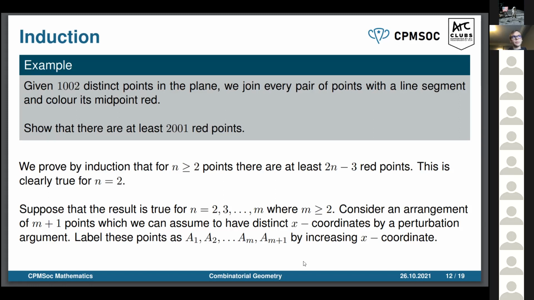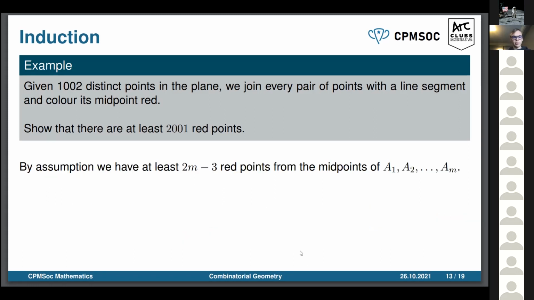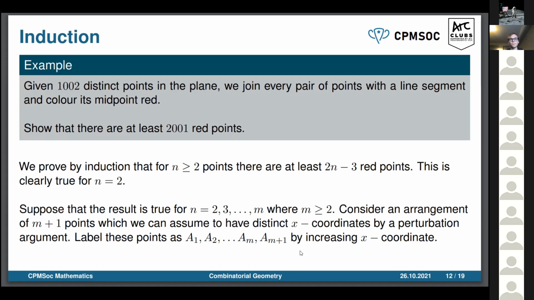And if we label these again in order of increasing x coordinate, hopefully that will make them a little bit easier to think about, because now we just have a nicely ordered sequence of points.